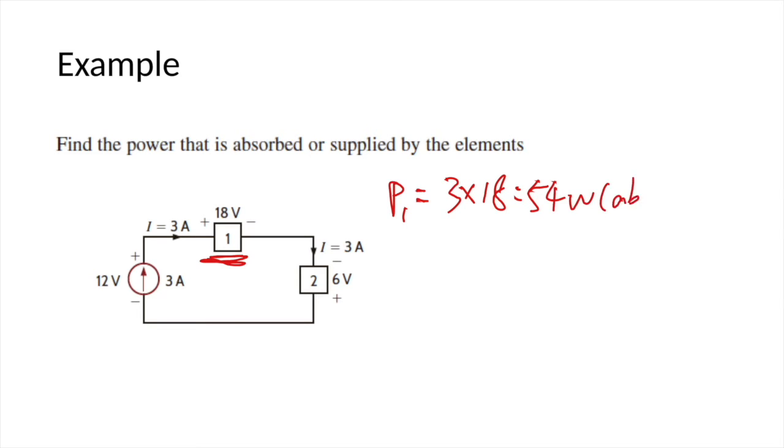It is absorbed. For element 2, it does not satisfy the passive sign convention, right? So we change the reference direction for the voltage. So the voltage becomes negative 6 volts, right? So the power absorbed by element 2 equals 3 times negative 6.